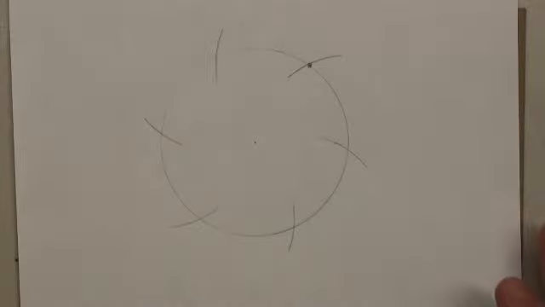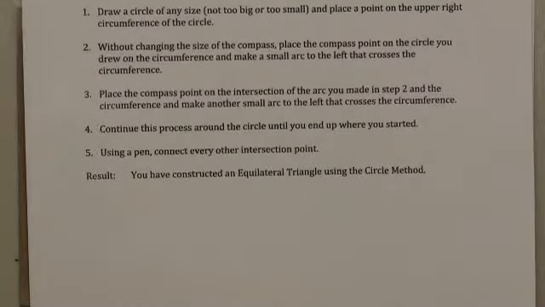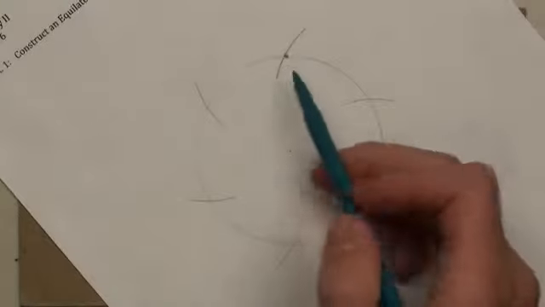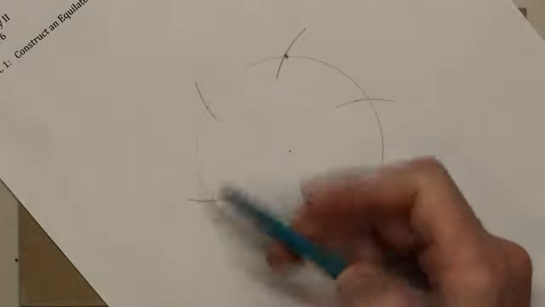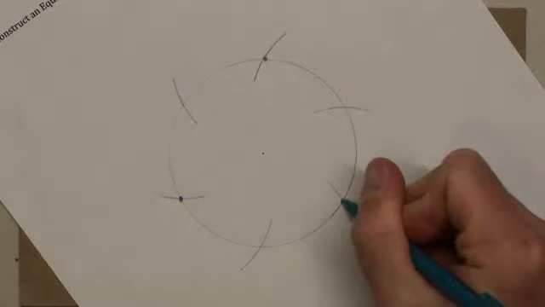So, you have this pinwheel looking thing. So now what you need to do is step 5. Using a pen, connect every other intersection point. Every other intersection point. Alright, so I'll go from the reference point, I skip one and I go to this one, and then I skip one and I go to the next one.